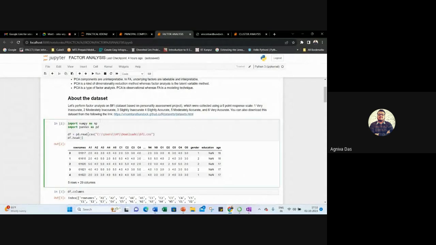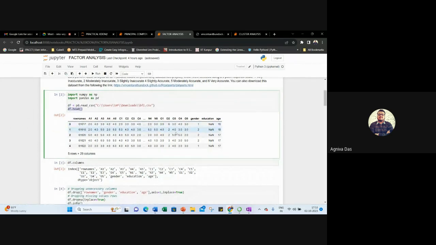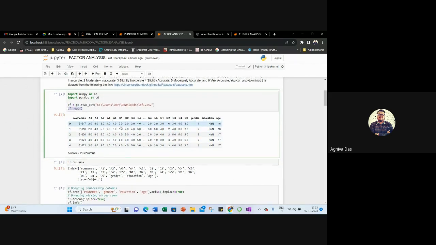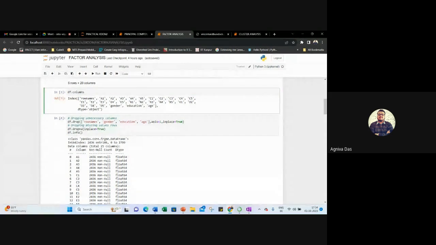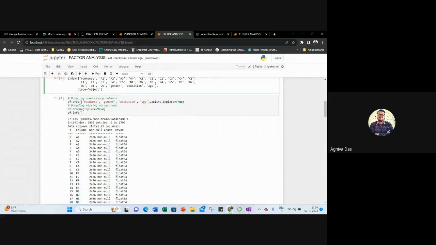Once you have this, I call the head, which is the first five observations, and they come like this. As before, we have to do some basic pre-processing on it. So we look at the column names by df.columns. We drop some unnecessary columns that we do not need, like the row names column, the gender column, education, and age.